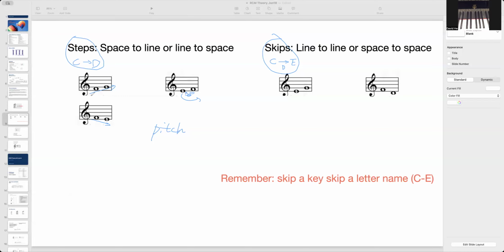Okay, first of all, see if this one is going up. Up is higher, meaning the right side of the keyboard. Okay? And then see if it's a step or a skip. It's going to help you get to know the keyboard better.